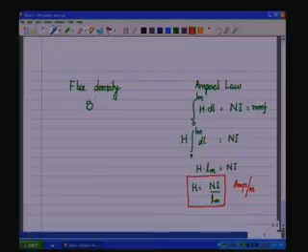Now as I was saying here, B is the flux density. There is a magnetic flux phi per unit area, or cross section area of the core, that is, the cross section area through which the flux is flowing.